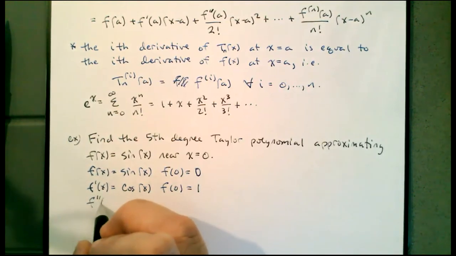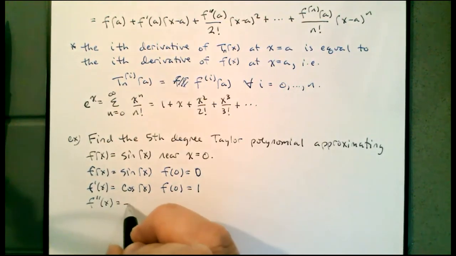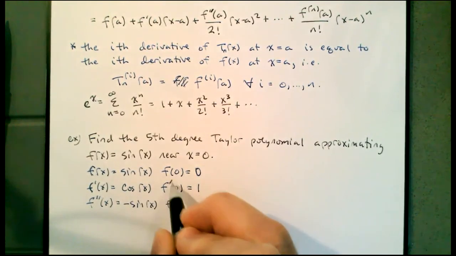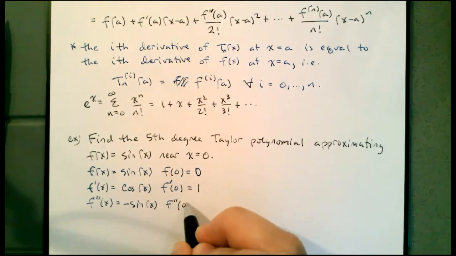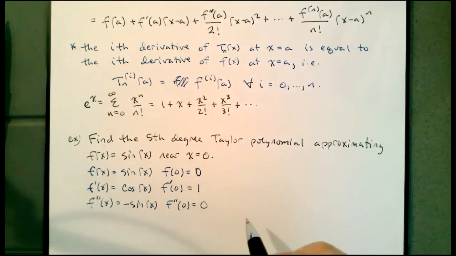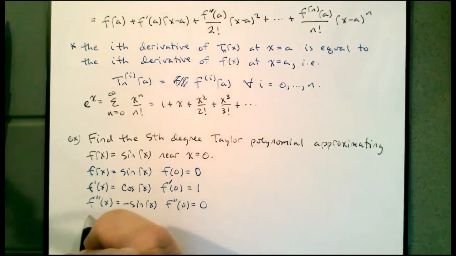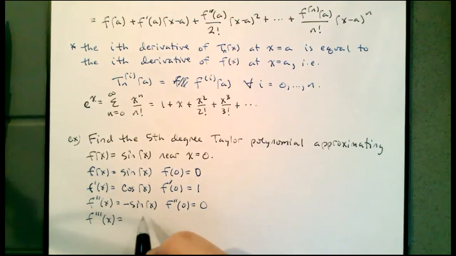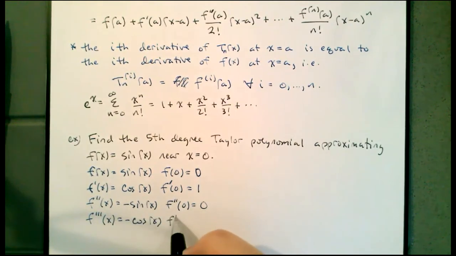We'll take the second derivative. The derivative of cosine is negative sine x. And so, oops, this is f prime at 0. And so f double prime at 0 is equal to 0 again. The third derivative: the derivative of negative sine is negative cosine x. And so the third derivative evaluated at 0 is equal to negative 1.